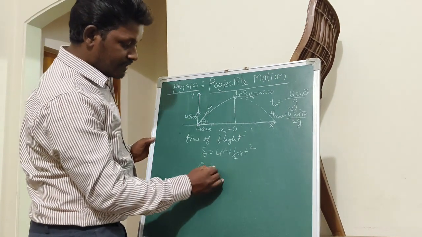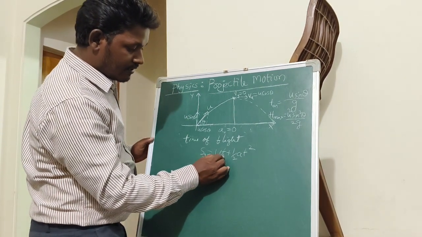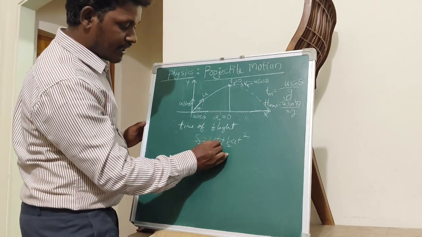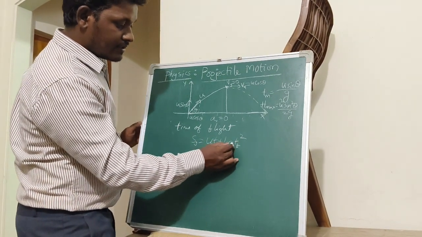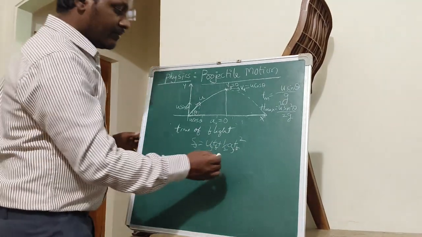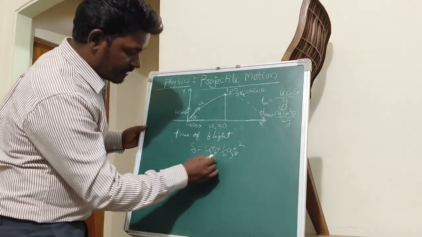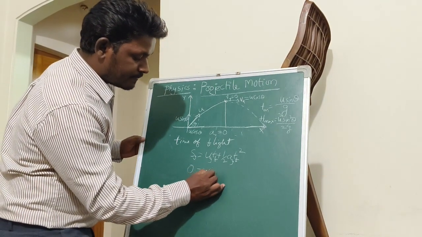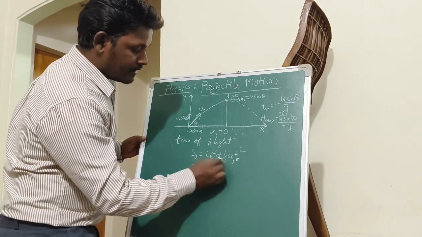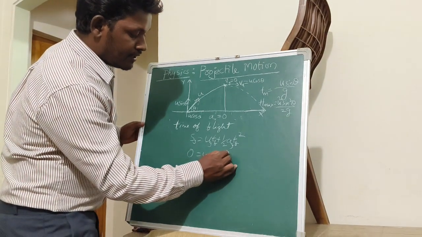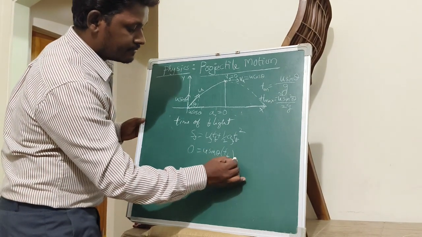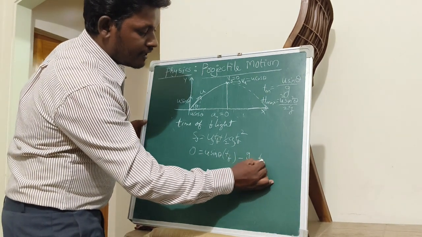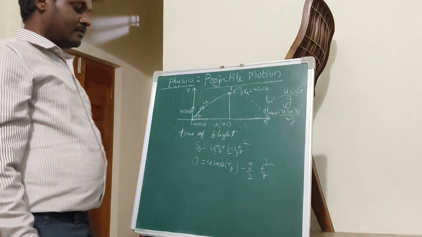It started with u sin theta along the y direction, and now we are finding TF, the time of flight. We know that AY is minus g. Substitute all the values. UY is u sin theta, and T is the time of flight we need to find, minus g by 2.